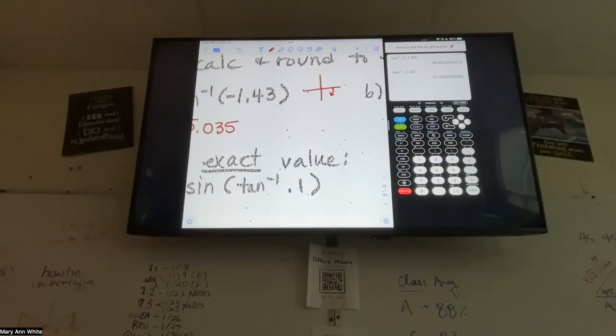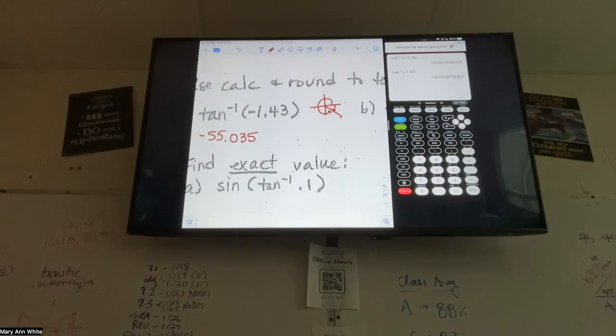So if negative 55 doesn't mean anything to you and you want it to mean something to you, you can find its coterminal angle. Instead of going in the negative direction, I could go in the positive direction, which means that I would do what to negative 55? Remember one of our coterminal angles we do? Add 360.